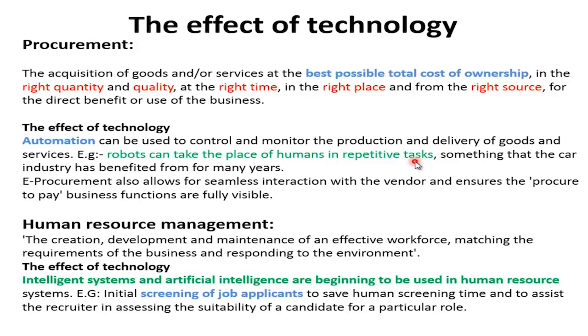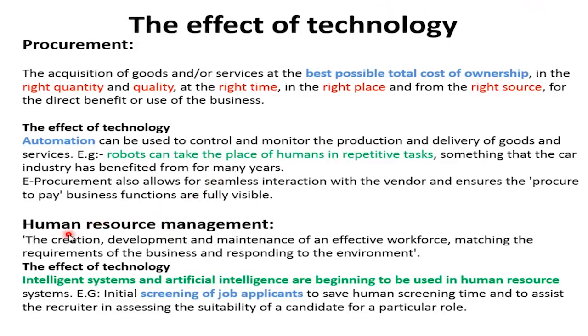The robot can install the car. They can assemble the car. So those kinds of things are automated now. So that is called the effect of technology for automation in the industry.